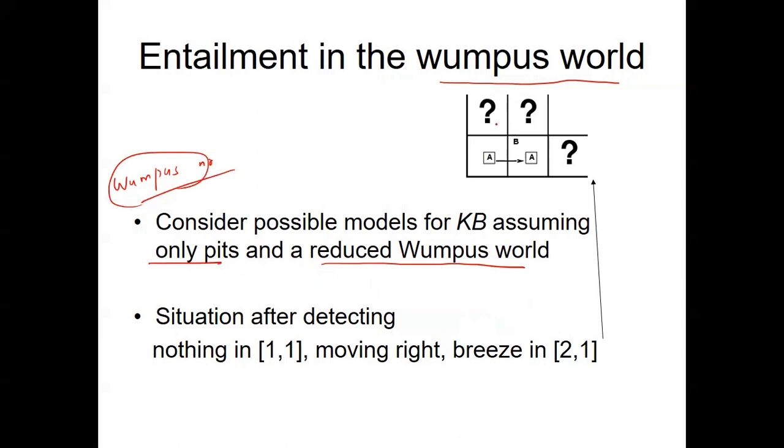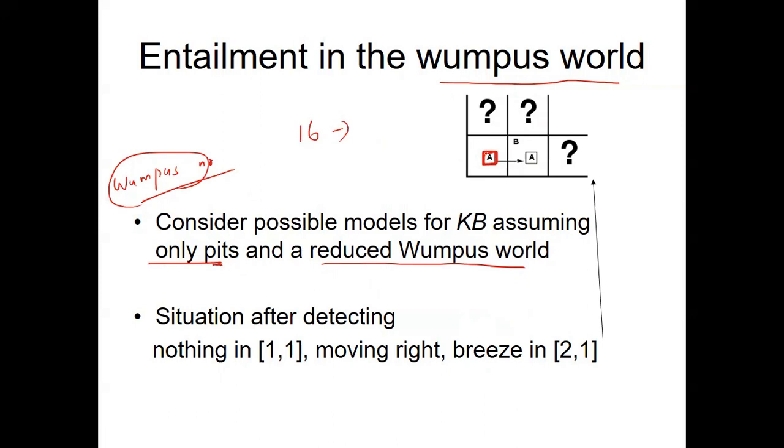Consider this is the current state of the world. The Wumpus world contains 16 squares, but this is the current state. Initially, the agent was here, and at that time the agent had not sensed anything. No breeze. We are talking about only pits, so there is no question of stench.